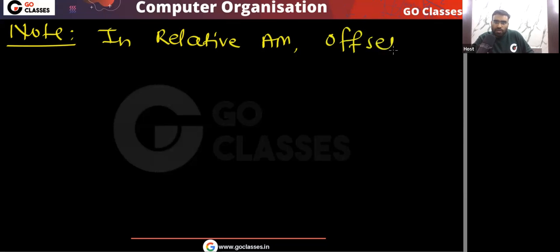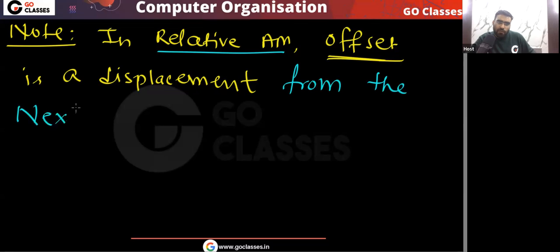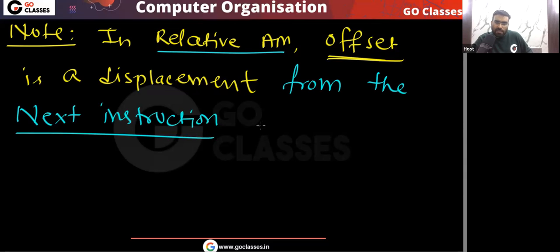In relative addressing mode, this offset is a displacement from the next instruction. Yes or no? Why? Tell me why.